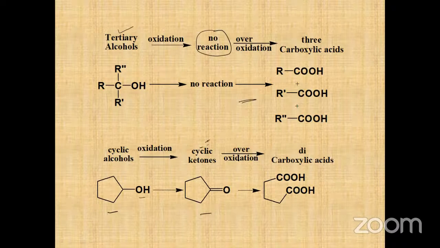The cyclopentanone on over-oxidation leads to C-C bond cleavage, which leads to the formation of a dicarboxylic acid. This is the dicarboxylic acid. Only a single compound, but a dioic acid or dicarboxylic acid is generated. This is also called dioic acid.